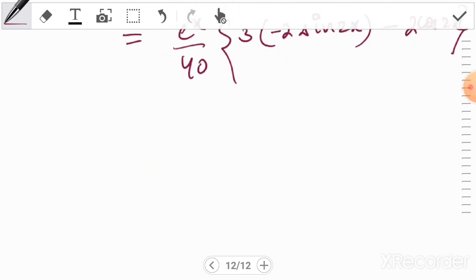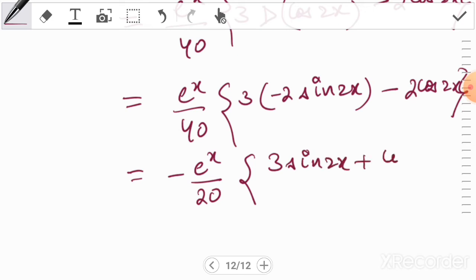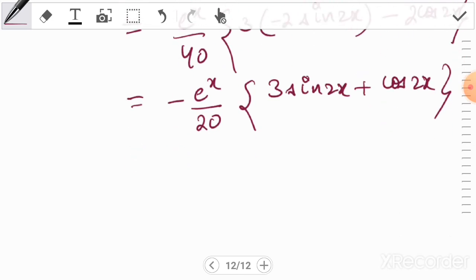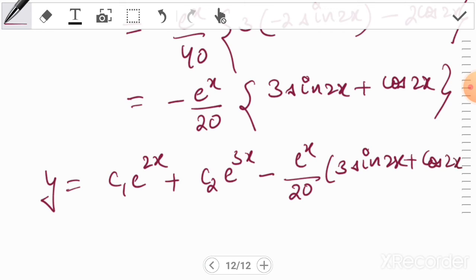Okay. Now I can take out this minus e raised to the power x and 2 outside. So 2 by 40 is 20, and this will be 3 sin 2x plus cos 2x. Then the complete solution will be equal to c1 e raised to the power 2x plus c2 e raised to the power 3x minus e raised to the power x by 20 times 3 sin 2x plus cos 2x. Right?